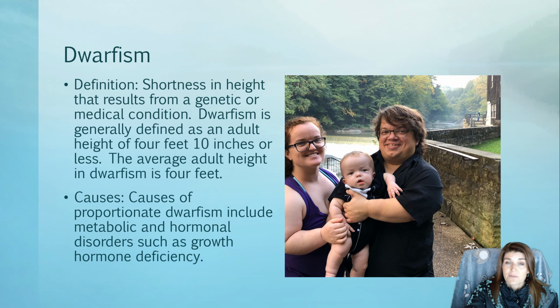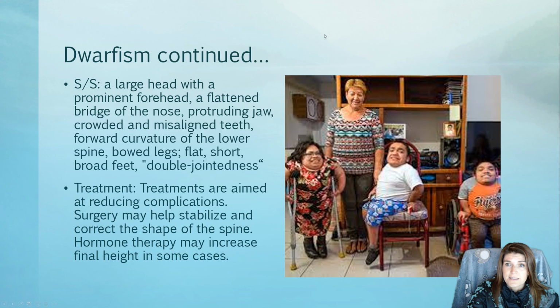Okay, and on the flip side, we have dwarfism. So if gigantism was from too much growth hormone, my guess is you can go, oh, well, this must be not enough growth hormone. And that is basically it. This is a genetic condition, just like gigantism is. Nothing that can be controlled on the part of the patient. Signs and symptoms. So if you look at their facial features, they're a little bit different. Their heads generally are larger with the prominent forehead. They have a flattened bridge of the nose.